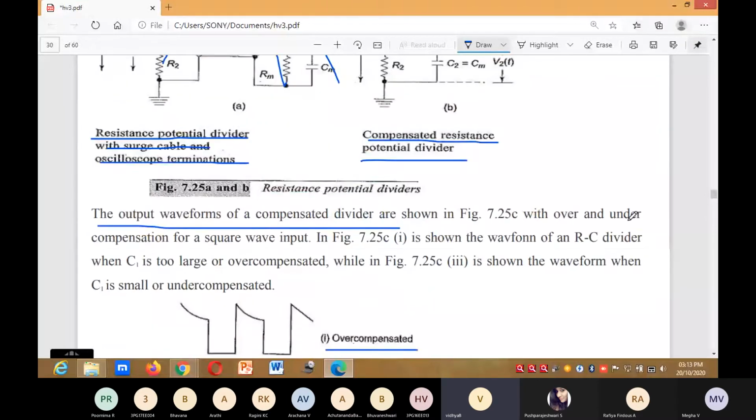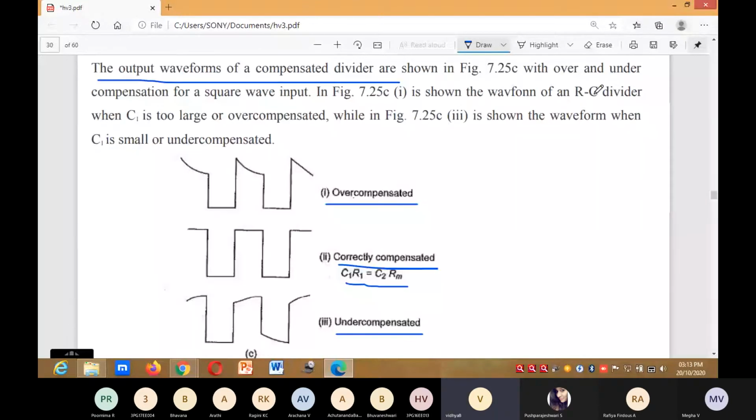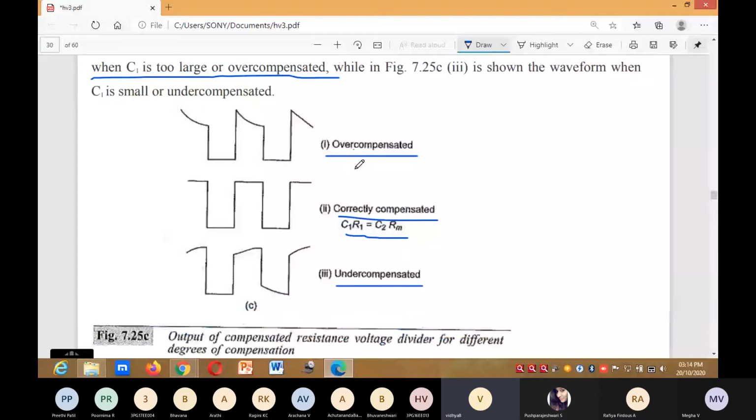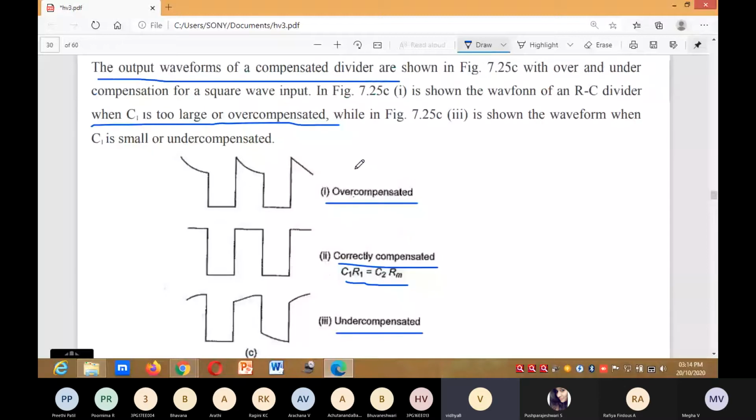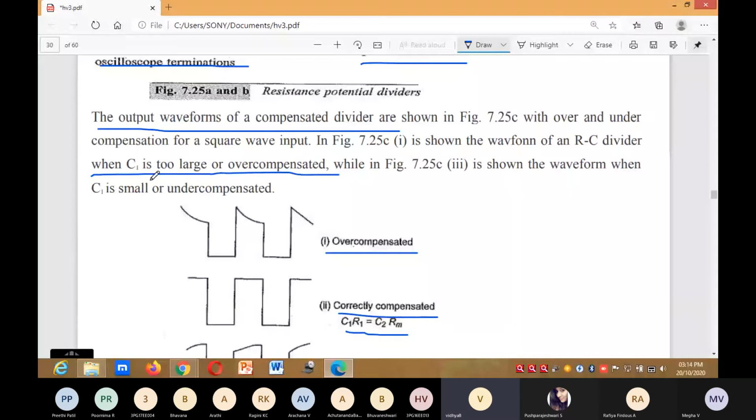With over and under compensation for a square wave input, this is the RC divider when C1 is too large, or overcompensated. That is the first figure.